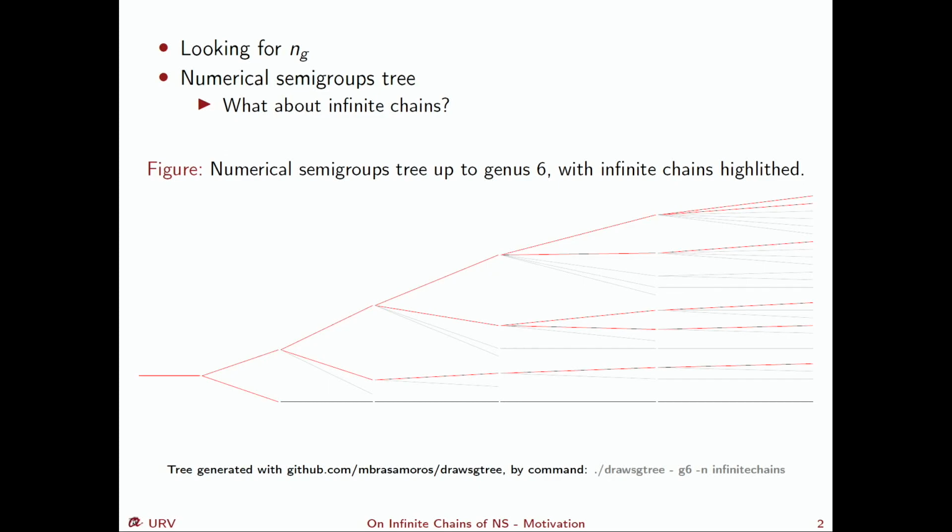And here we have an example of that tree structured up to genus 6. And in that tree, we can see some chains which continue and never end. That is our infinite chains.